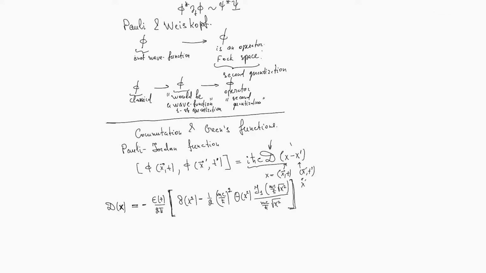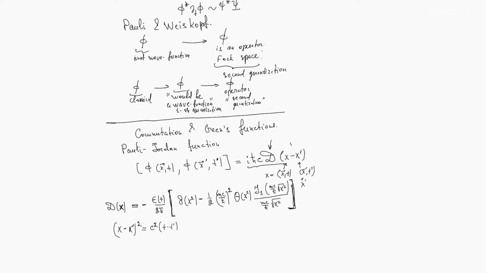Where x squared, actually we can also write what x minus x prime squared is. This is the standard 4-interval. So this is c squared (t minus t prime) squared minus (x minus x prime) squared.